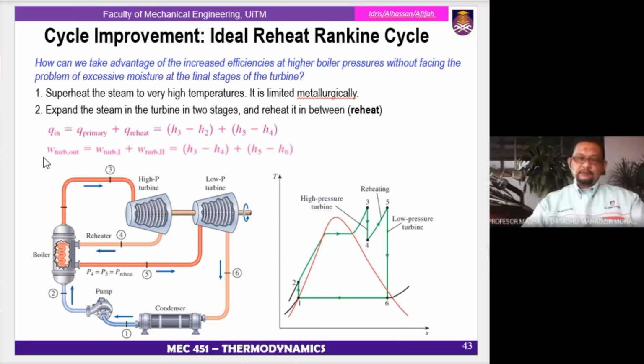You have to take 2 work outs: 3 to 4, and also 5 to 6, because this is where the energy comes out of the turbine. So work out becomes work of turbine number 1, the high pressure turbine, plus work of turbine number 2, the low pressure turbine.